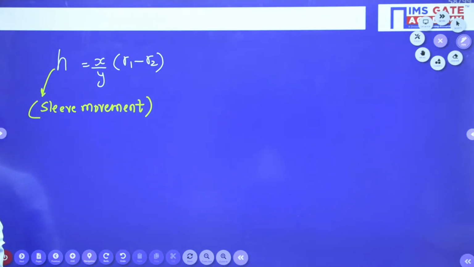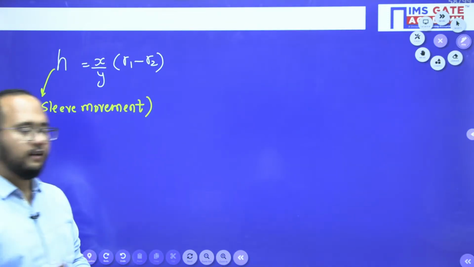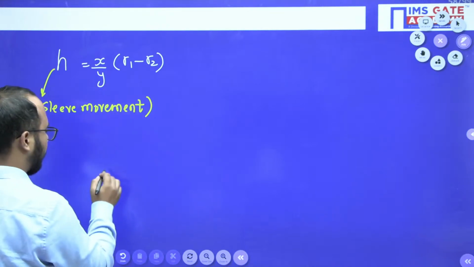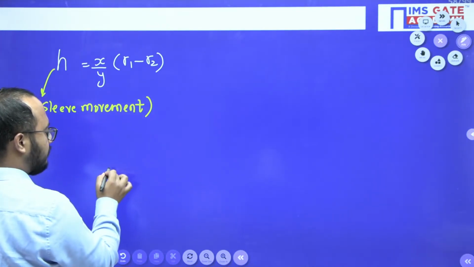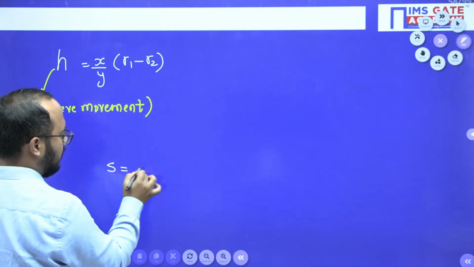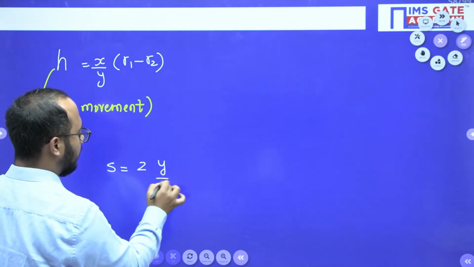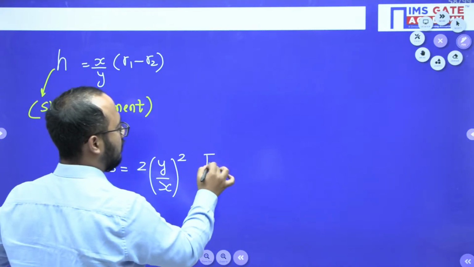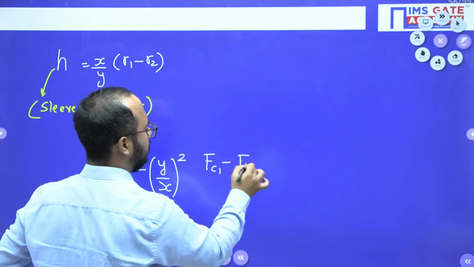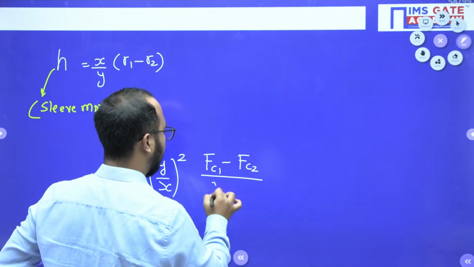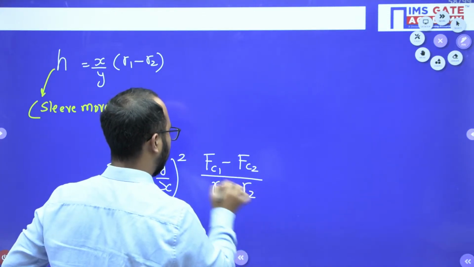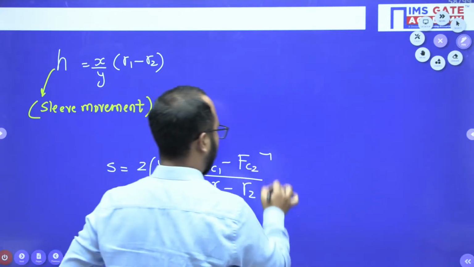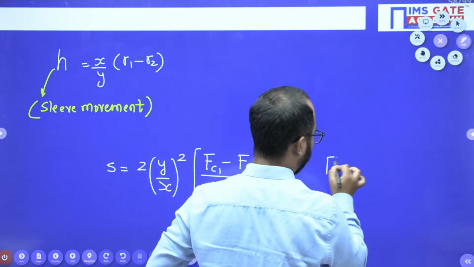Okay, stiffness of the spring, that formula is what? Very important, and everyone should remember that formula. So let's suppose stiffness of the spring I will represent with S. So it is nothing but 2 into (Y by X) whole square into (FC1 minus FC2) divided by (R1 minus R2). And what is this FC1? The centrifugal force only.